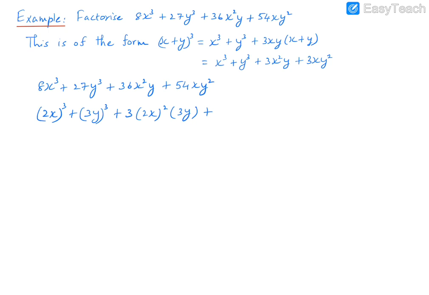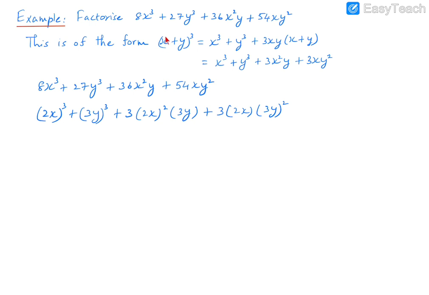plus 3xy square, so we have the 3 as it is. In place of x we had 2x, and in place of y we have 3y, so that will be 3y the whole square. So now we have our expression of the form x plus y the whole cube, where in place of x we have 2x and in place of y we have 3y.